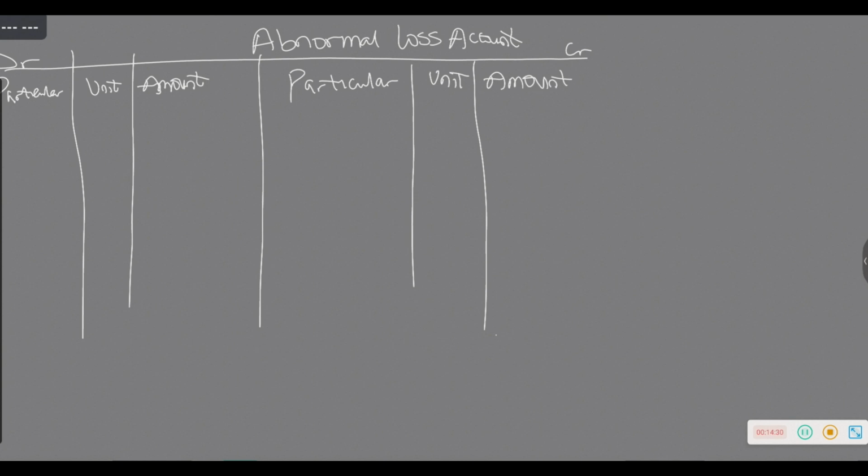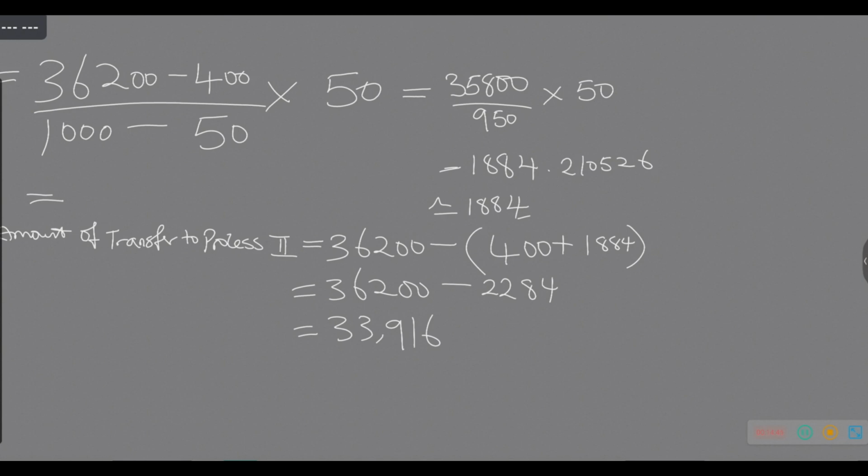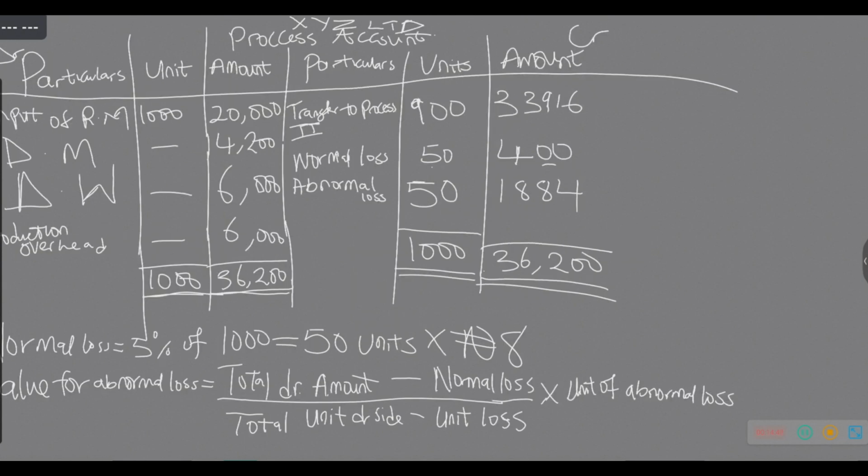This is the format. All we are doing here is taking the abnormal loss from the process account to its own account. The abnormal loss is on the credit side of the process account, so it will be taken to the debit side of the abnormal loss account.